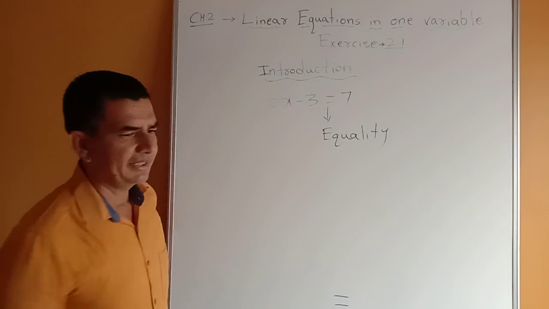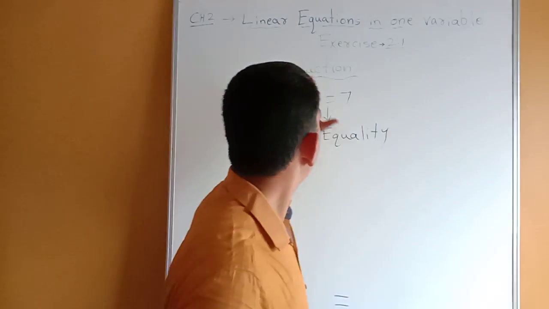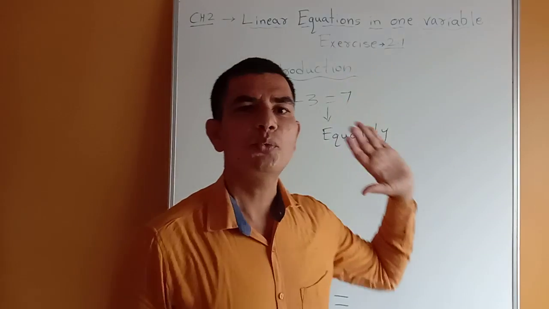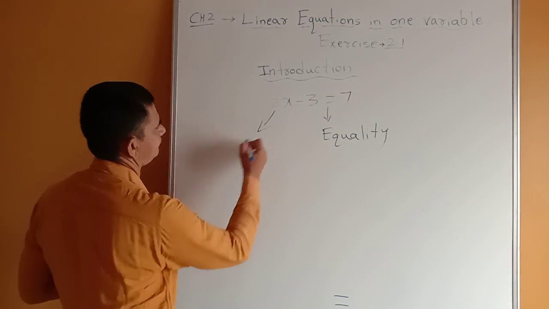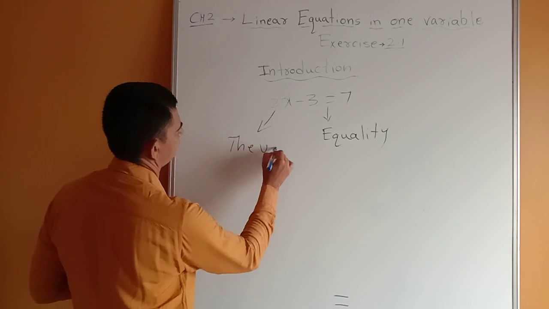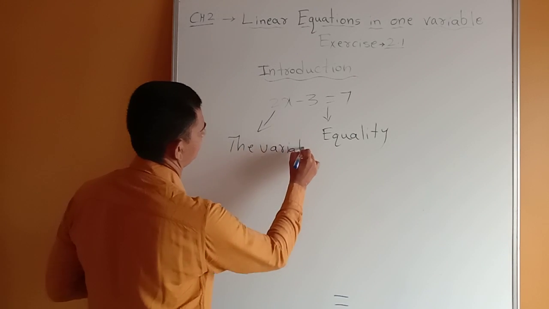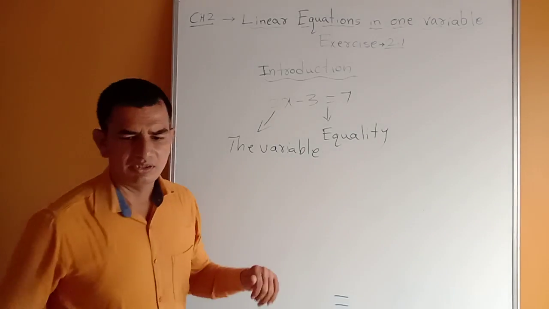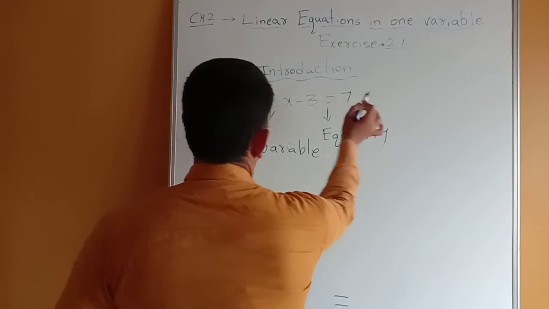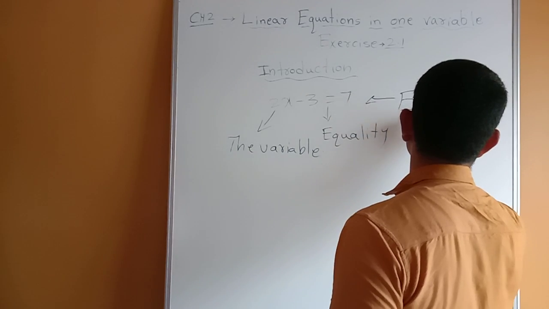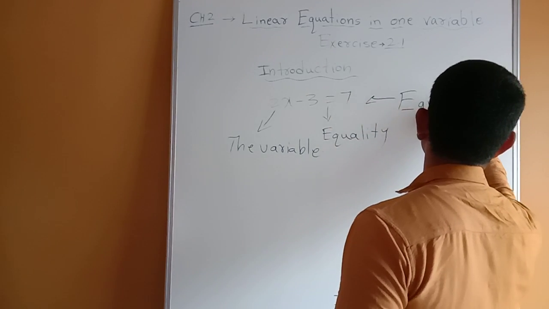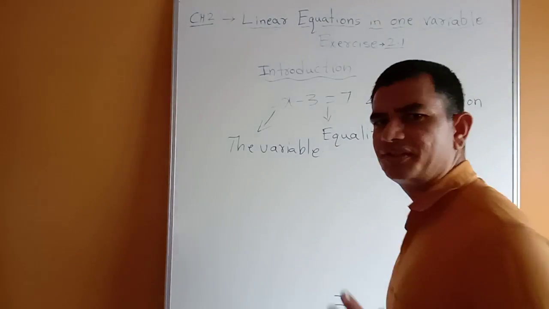In linear equations we can see that the equality should be there and the variable should be there. And the total is called the equation. Students, listen here.